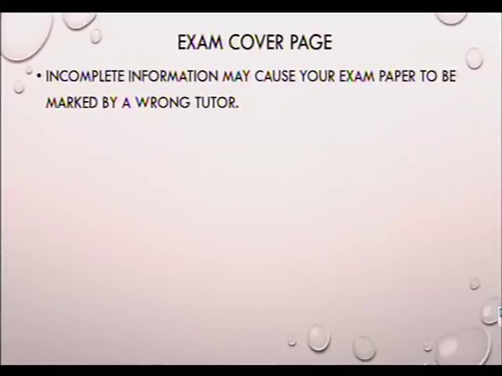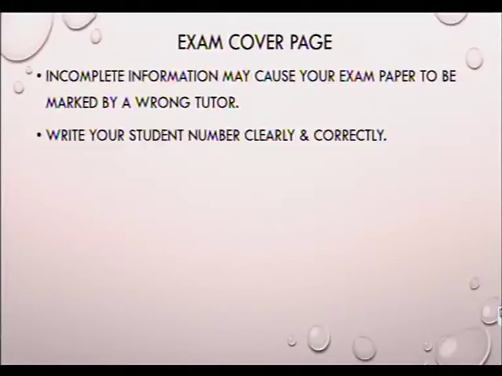On your exam cover, on the cover page, be aware of the following. Incomplete information may cause your exam paper to be marked by a wrong tutor. So please fill in the correct information and complete everything that is required from you. Write your student number clearly and correctly.